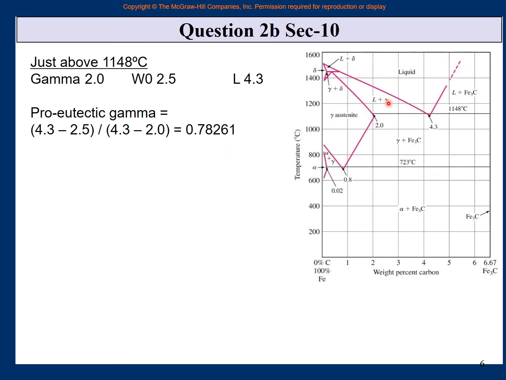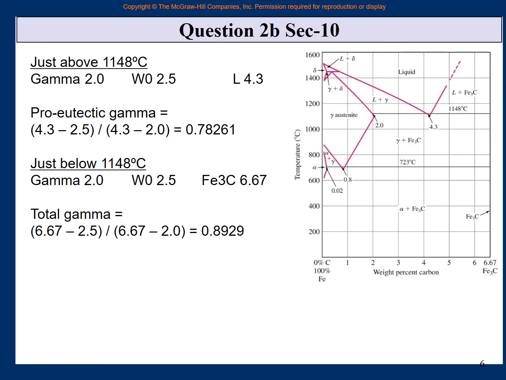This is the pro-eutectic gamma. Next time you will go below the line, right? So just below 1148, left is 2, right is 6.67, in the middle is 2.5. So once again you find gamma, but this is the total gamma this time. Total gamma is 6.67 minus 2.5 upon 6.67 minus 2, whatever it comes out to be.